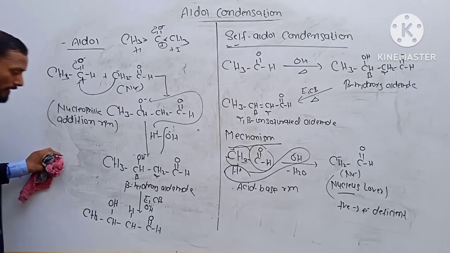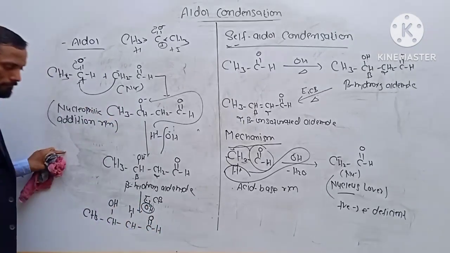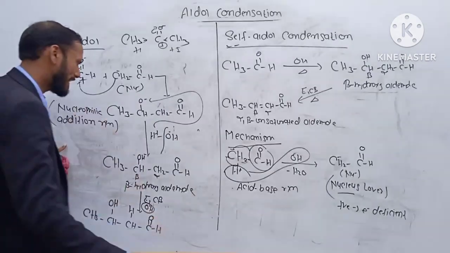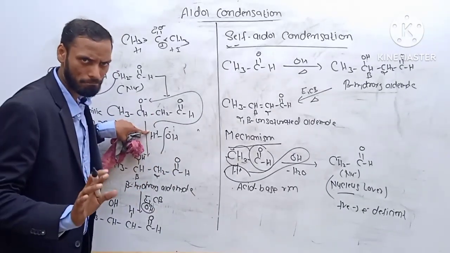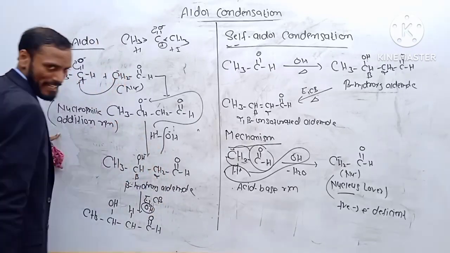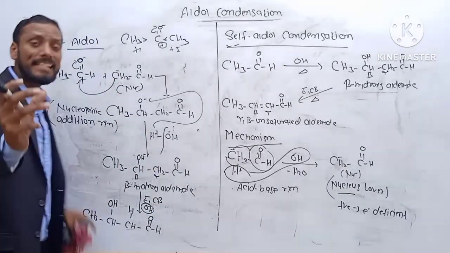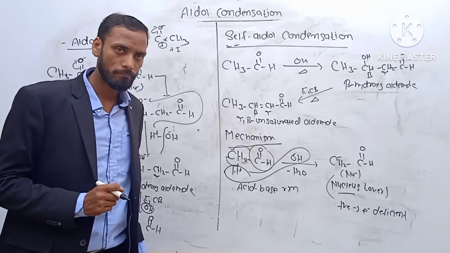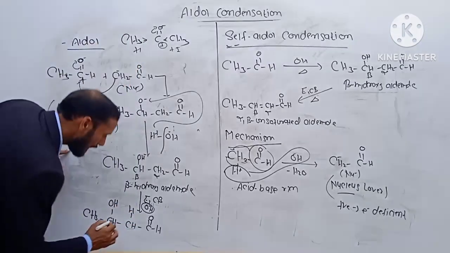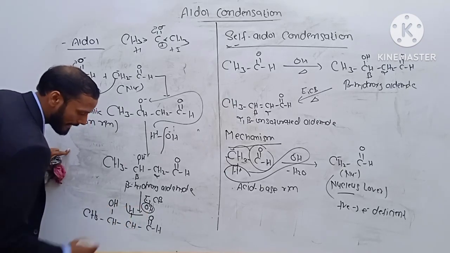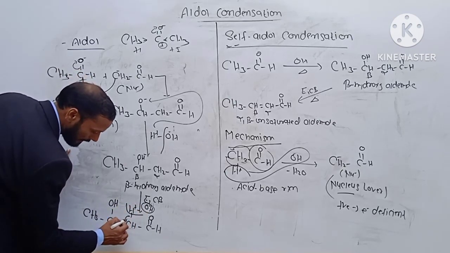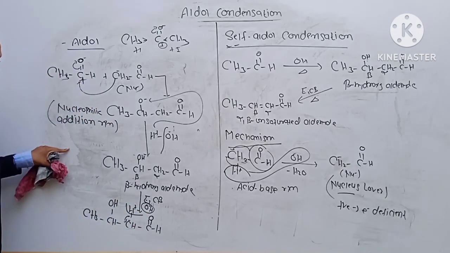Here H plus is transferred and OH minus is the remaining part. So OH minus will accept the acidic hydrogen, OH minus takes H plus, and the negative charge is transferred.